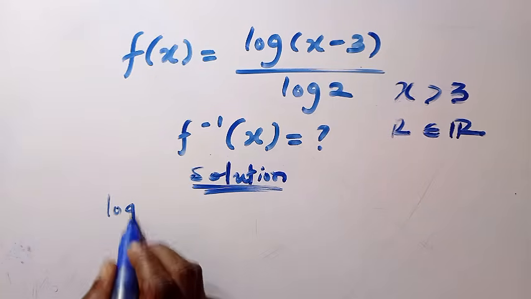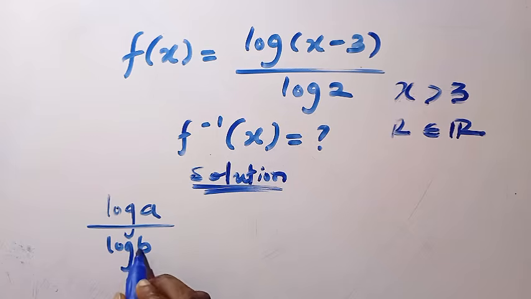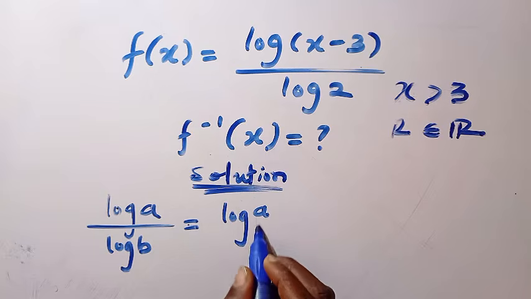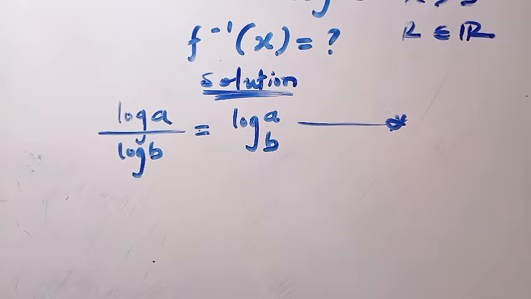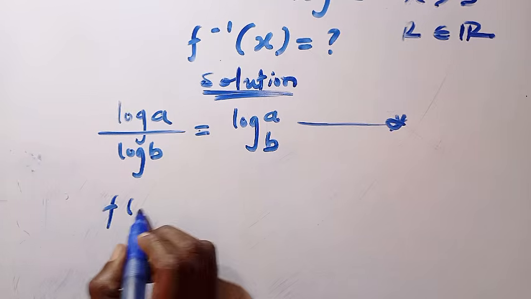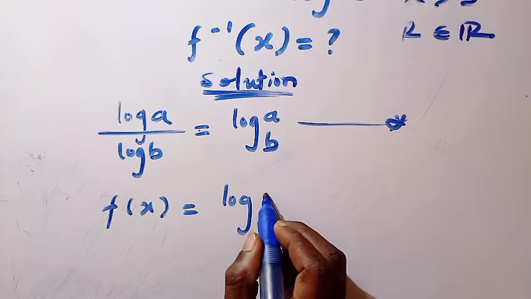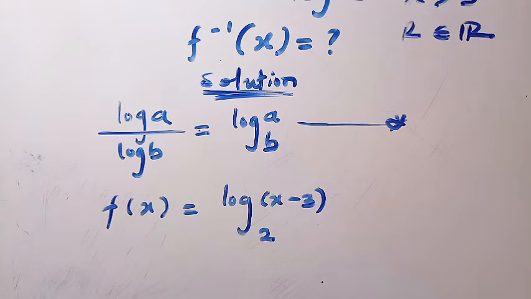If you have log of a divided by log b, this can be written as log a base b, and let's apply it to this question. We are going to have f of x equals log of (x minus 3) base 2.